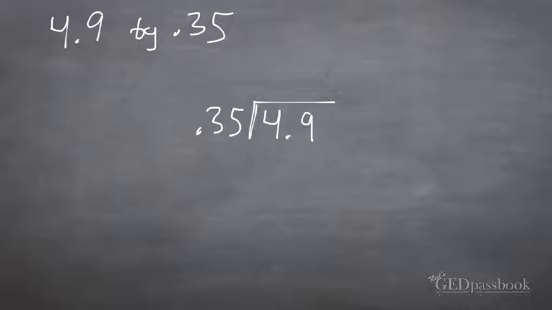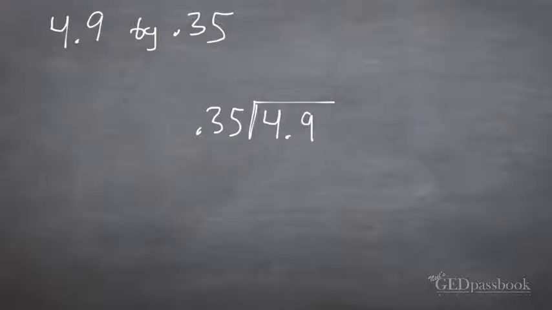So now, the outside number, is it a whole number or a decimal? Yes, it is a decimal, right?